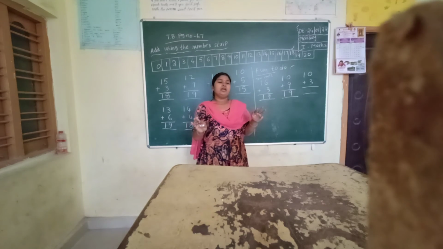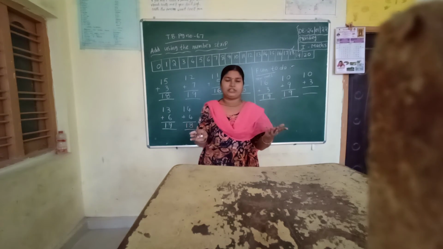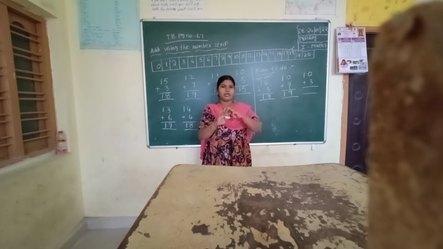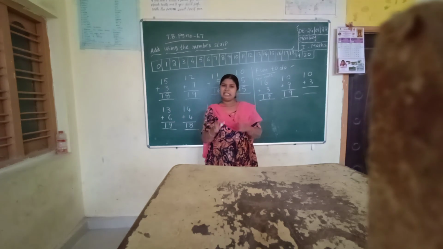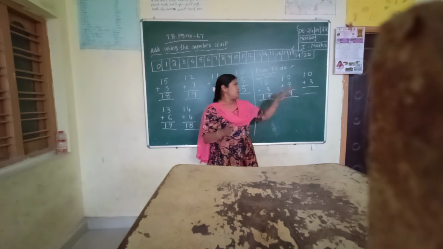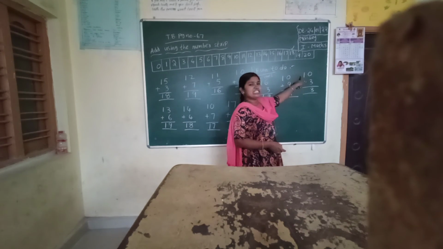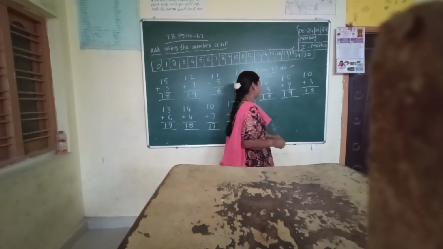Any balloon did not burst. How many balloons are left with you? 3 only now. Yes. 0 means not using anything at all. So we have totally 3 balloons with you. 0 plus 3, 3 only. Next, in the tens place we have only 1. Write down 1 as it is.